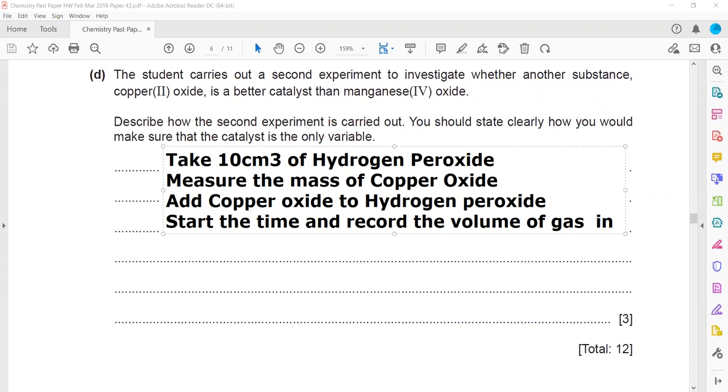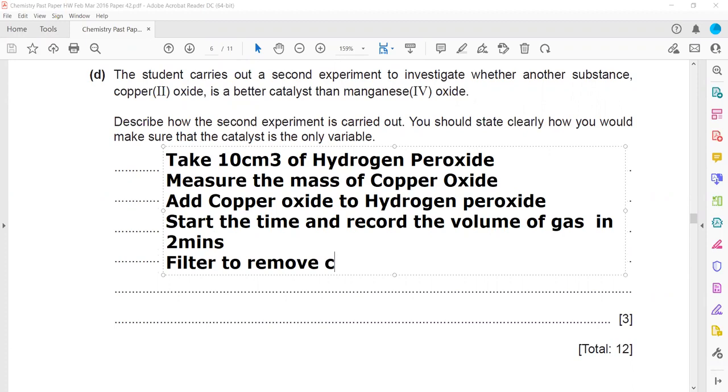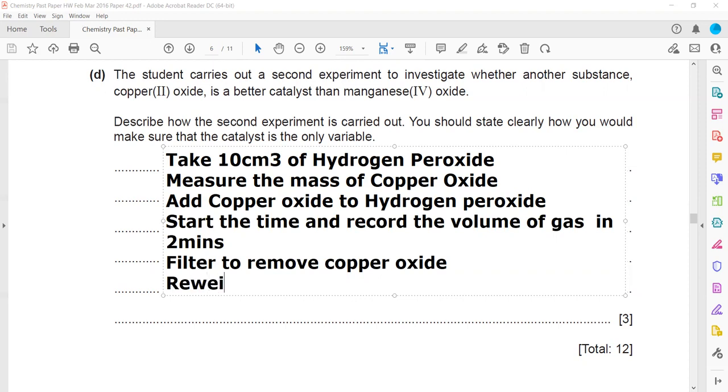For example, 5 minutes or 2 minutes, any specific time. And then we will filter to remove copper oxide, and then we will weigh again.